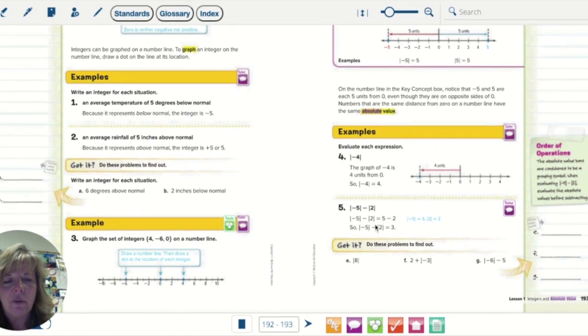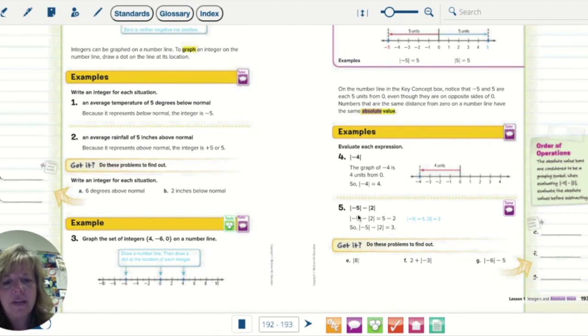Lastly, now they're going to up that and put negative numbers into equations. So first, the order of operations is kind of like parentheses first. This order of operations asks you to solve the absolute value before you solve the problem. So let's simplify.